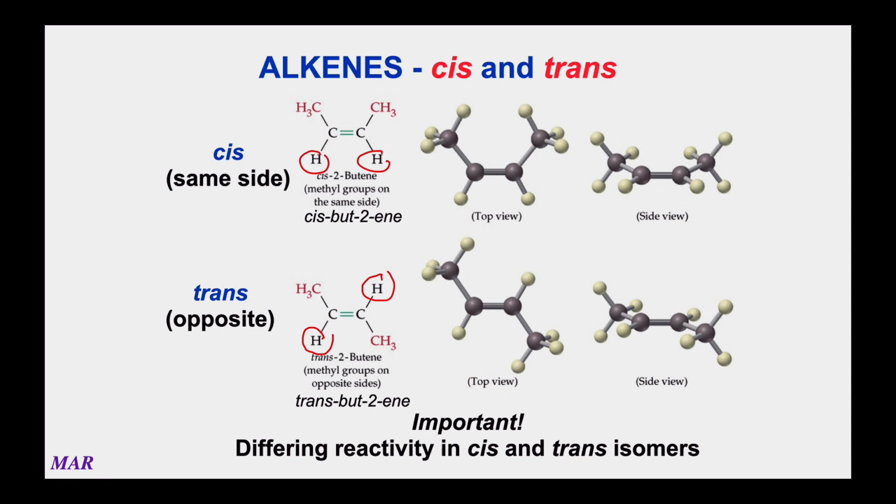So cis versions of alkenes are usually more polar than trans forms, so they can be quite different in their reactivity. So just realize that if you have a double bond and 2 things are the same on opposite carbons, you've got to include the cis and trans. If you have 3 things that are the same, or if everything's the same, then you don't have to worry about cis-trans. But cis and trans will pop up quite a bit, like we'll see.